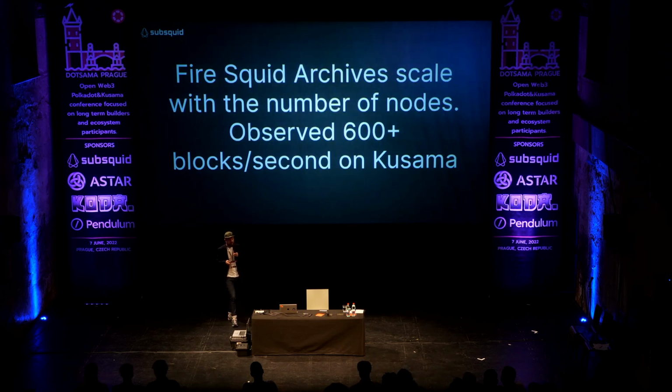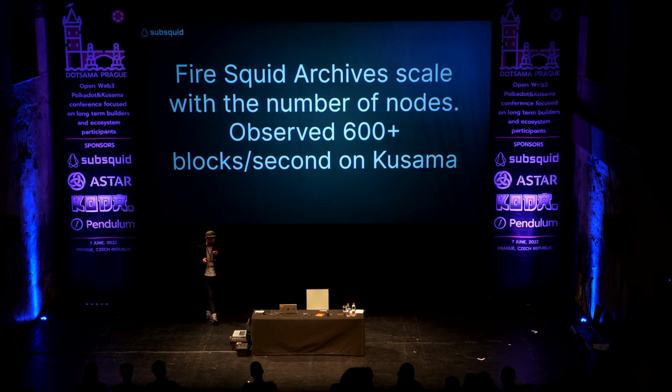The next killer feature is that Subsquid archives are incredibly fast. This is actually the fastest block indexer on the market. It's much faster than even the Substrate archive, which is Rust native, because it runs on a cluster of nodes, and you can throw as many gRPC nodes into it as possible.